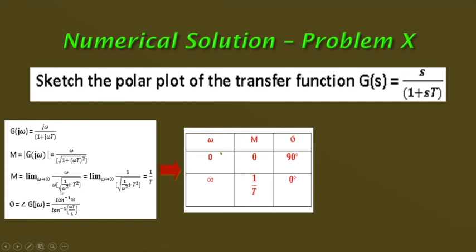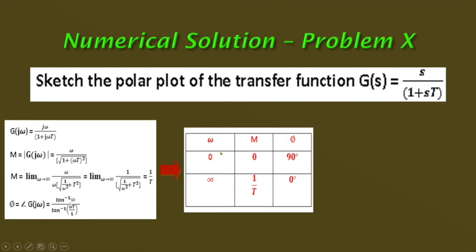So that's why taking omega common from the denominator, we get 1 by root over 1 by omega square plus T square. Then omega and omega cancel. Then you put omega equal to infinity. Then this part is 0, root over T square, that means 1 by T. Then we get the magnitude 1 by T.